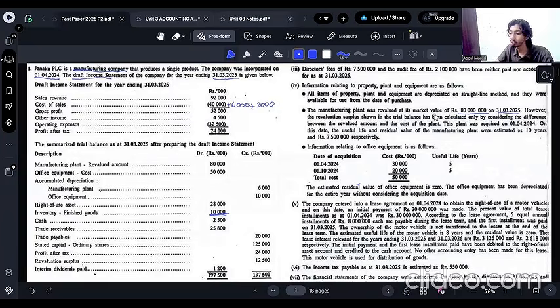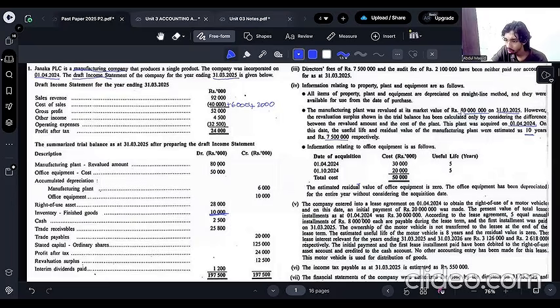Okay, now you have to find the revaluation surplus from the carrying value of the plant, not from the cost. This plant was acquired on 1st of April 2024. On this date, the useful life and residual value of the manufacturing plant was estimated as 10 years and rupees 7,500,000 respectively.